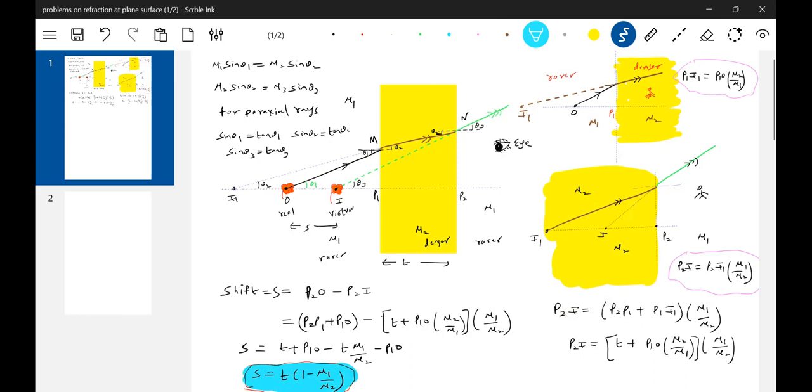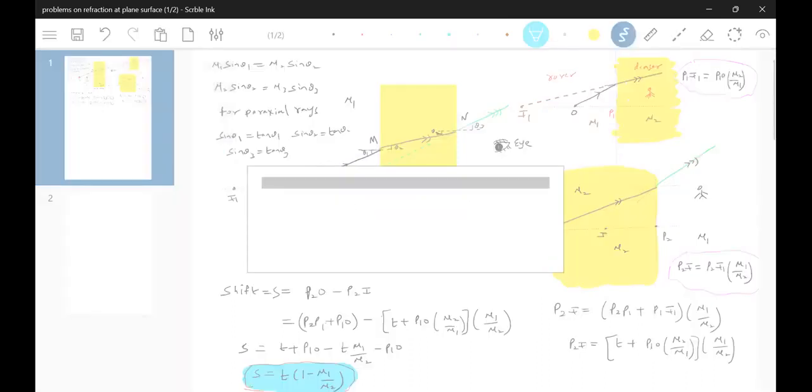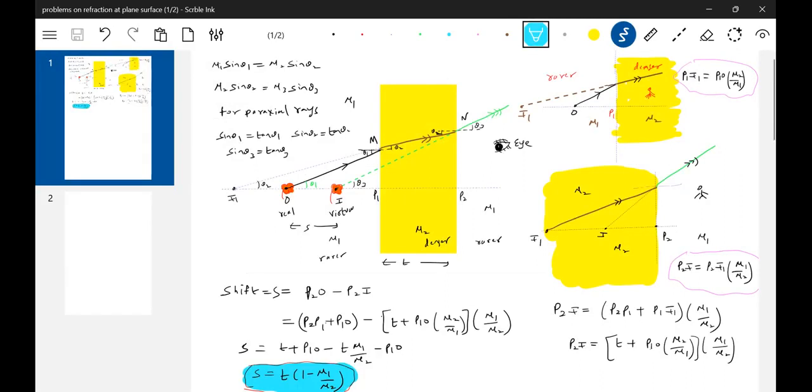Anybody having doubts, please clarify. I'll go for the applications of this now. You should try to solve by this method. There's another alternative method, mathematical, where you have to apply a little more triangle solving. You can have this approach also and you'll get the same answer.